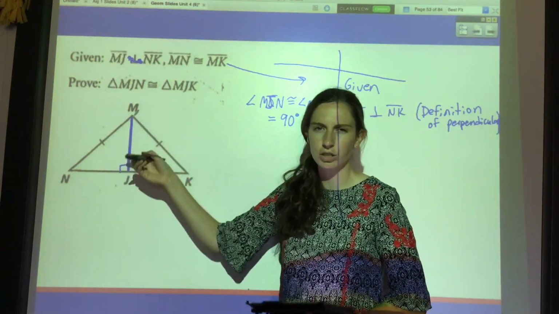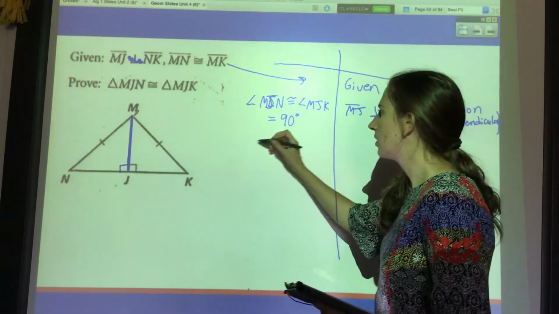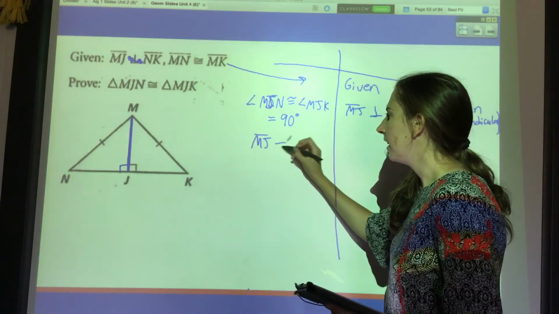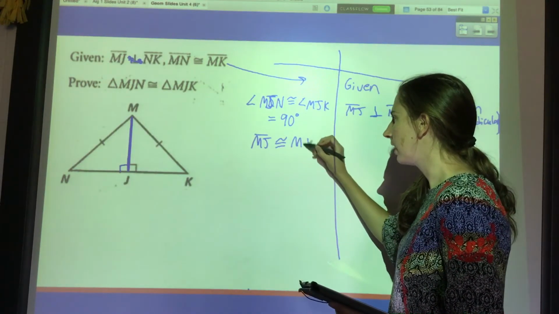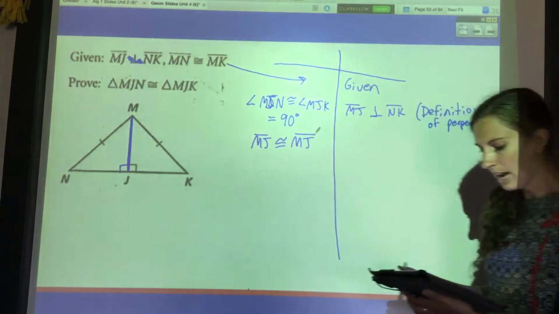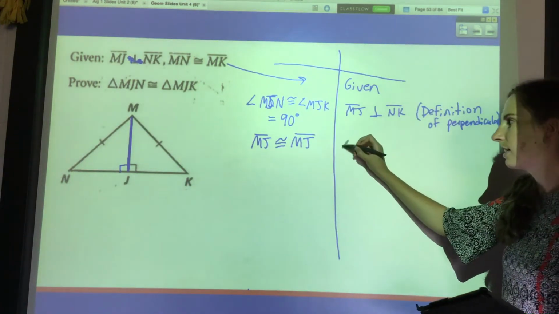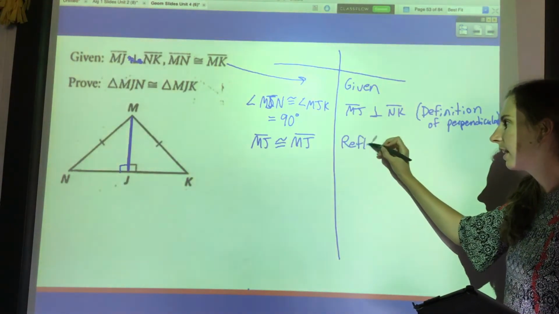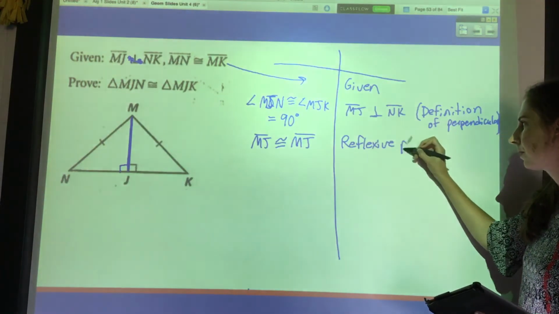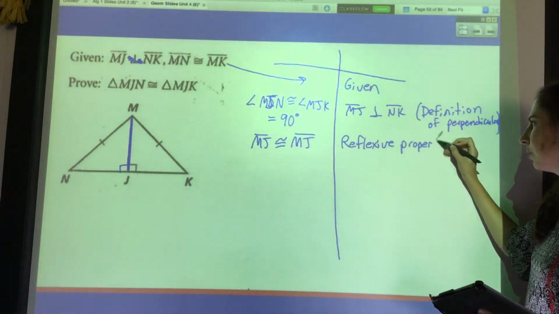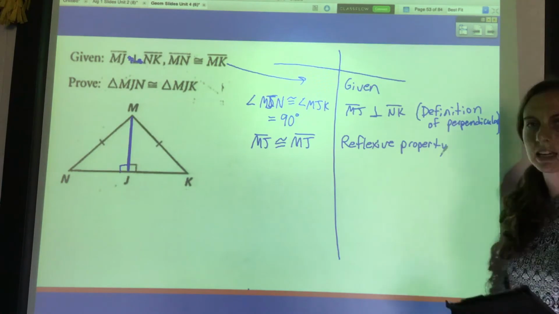They literally share that segment. And so MJ is congruent to MJ, it's congruent to itself, and that is actually called the reflexive property. We'll talk about that in a second. Anytime something is just equal to itself, it's called the reflexive property.